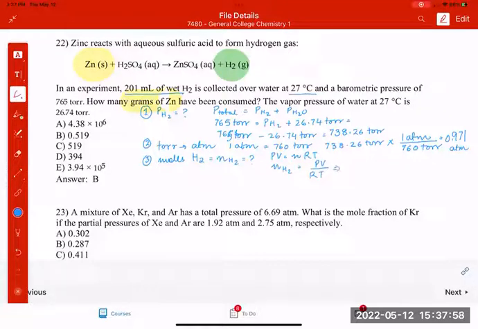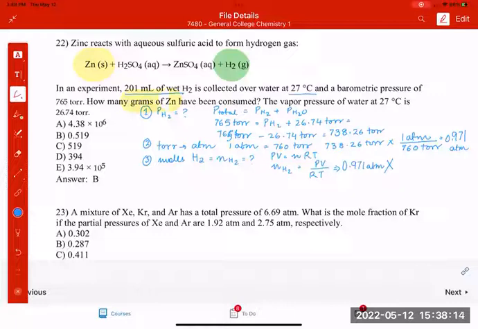Now the partial pressure of hydrogen was 0.971 atm, times the volume. Now convert the volume into liters.